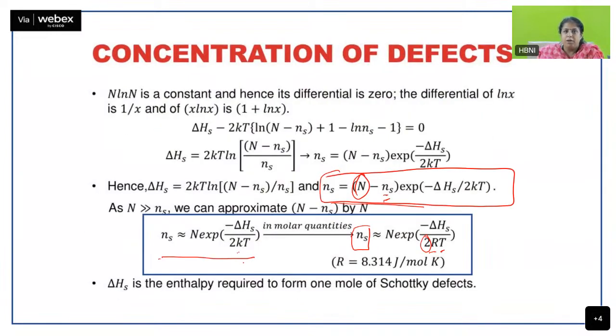But now, another small tip which you should always remember: if I'm talking of only vacancy or only interstitial, they do not occur in pairs. Of course, the Frenkel defect is a pair, a pair of vacancy and interstitial, and in the case of the Frenkel defect also, this formula will hold, right? But in the case of metals, where you have an additional interstitial, the concept of electroneutrality does not hold.